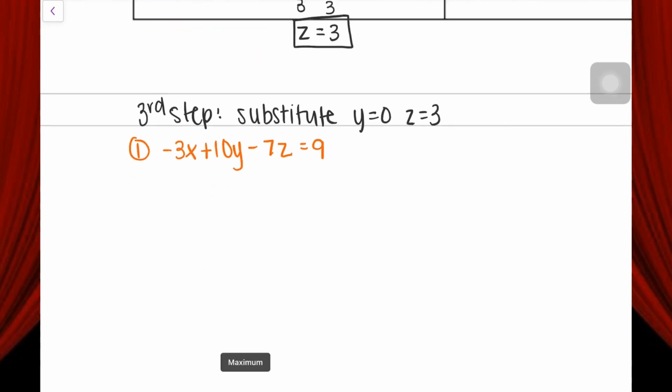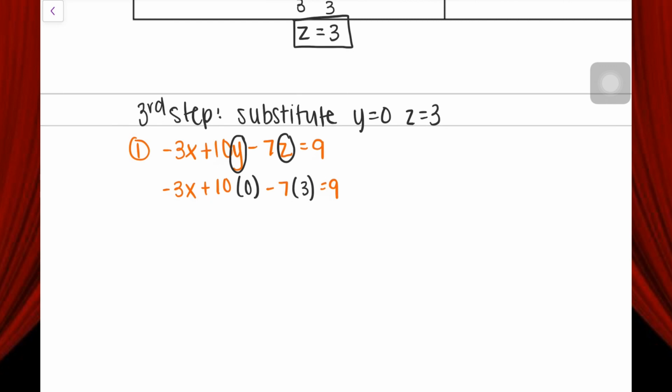Let's go ahead and substitute everything that we already know. We know y and we know z. So let's go ahead and rewrite it. Y is 0. We know that z is 3. So let's go ahead and solve for x.